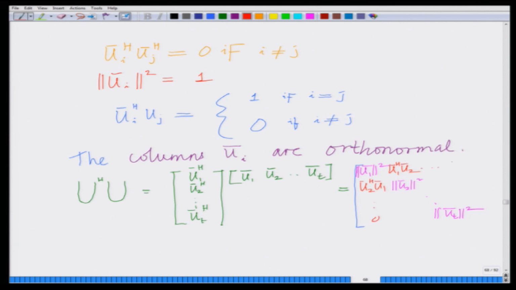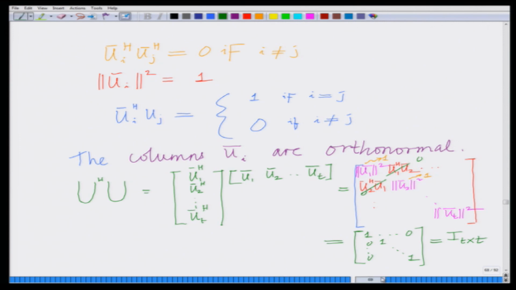You can see that in this matrix the diagonal elements, which are the norm ui squared, are 1, and all the off diagonal elements are zeros. Therefore, this matrix is a diagonal matrix of 1s, and this is therefore the T cross T identity matrix.